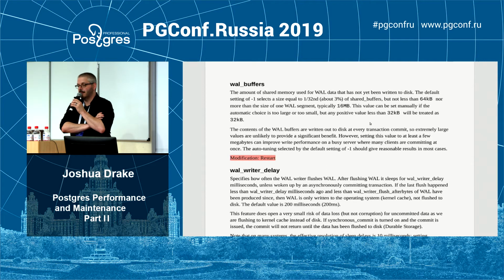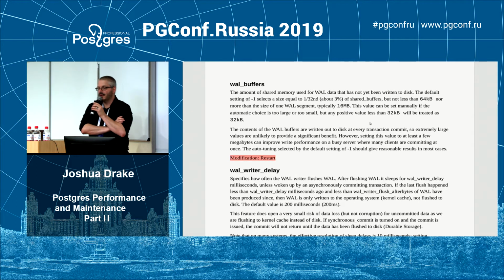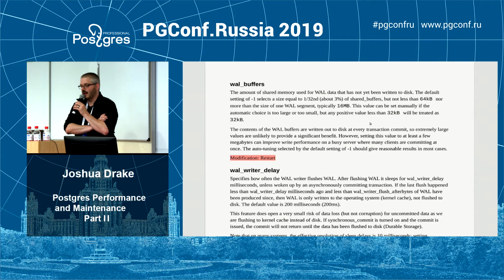This value can be set manually if the automatic choice is too large or too small, but any positive value less than 32kB will be treated as 32kB. The contents of the WAL buffers are written out to disk at every transaction commit. So extremely large values are unlikely to provide any significant benefit. However, setting this value to at least a few megabytes can improve write performance on a busy server where many clients are committing at once.